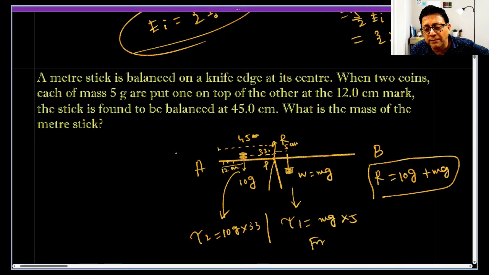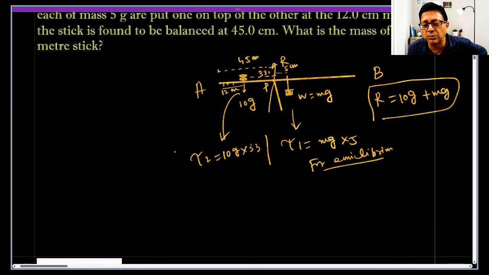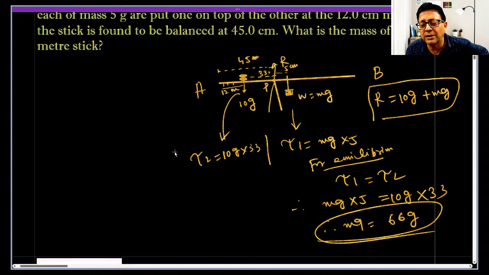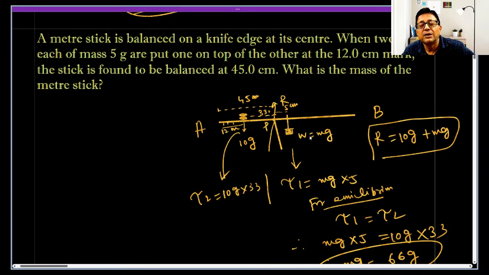Now for equilibrium, you just put tau 1 equal to tau 2. Therefore, you can find mg from here. Just cancel, 2g into 66g. Clear? So the weight of this will be 66g. Weight of what? Weight of the rod.